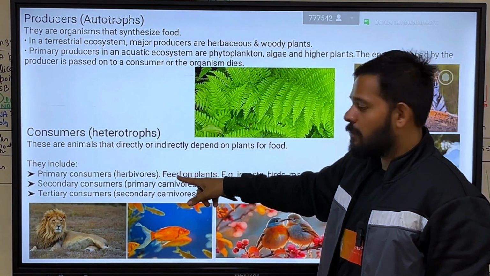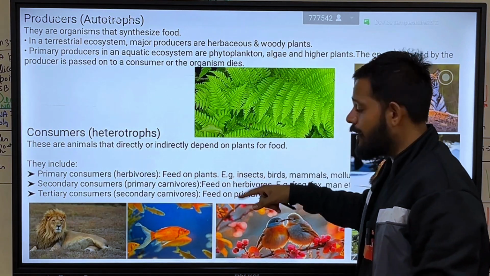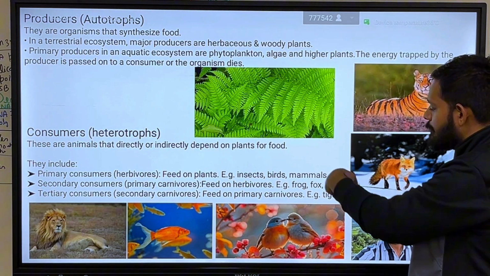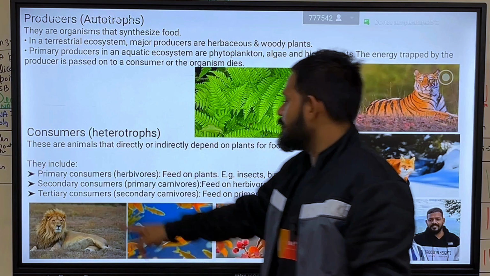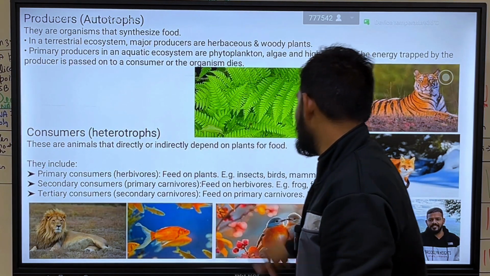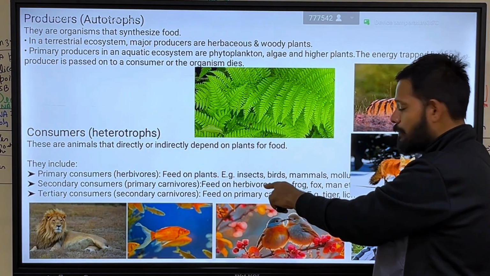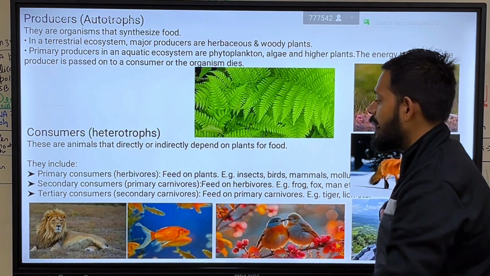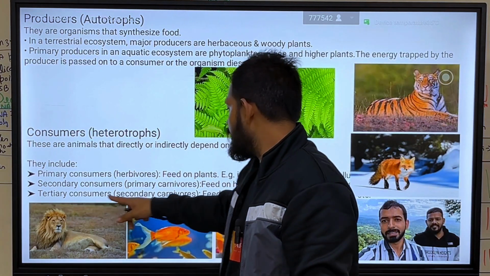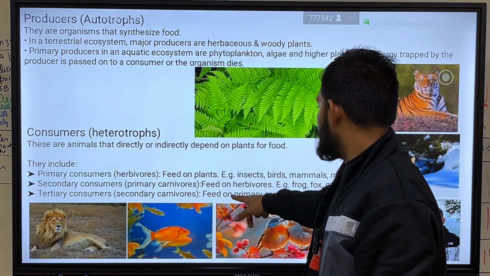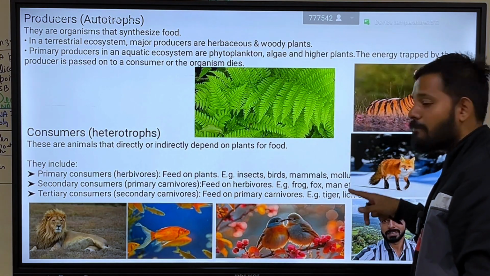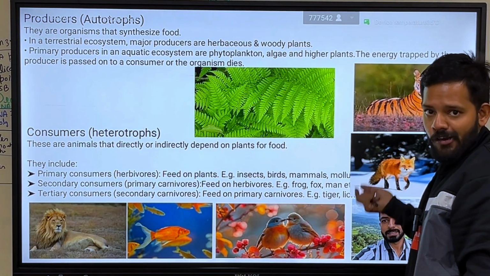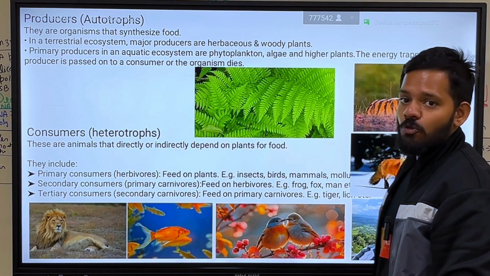So primary consumer, that is your herbivores, feed on plants, for example insects, birds, mammals, mollusks. Secondary consumer, that is your primary carnivore, feeds on herbivores, for example frog, fox, man, etc. And tertiary consumer is your secondary carnivore, which feeds on primary carnivores, for example lion, tiger, wolf. And sometimes human also.